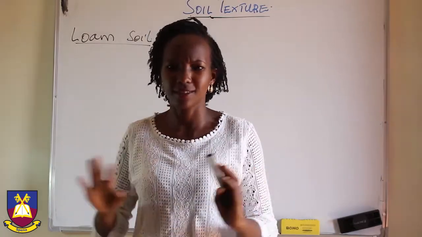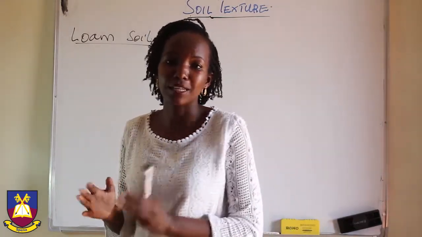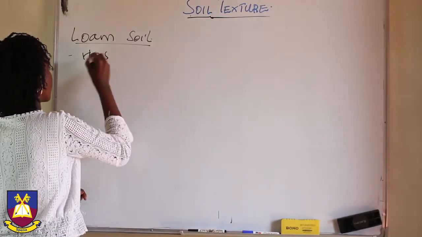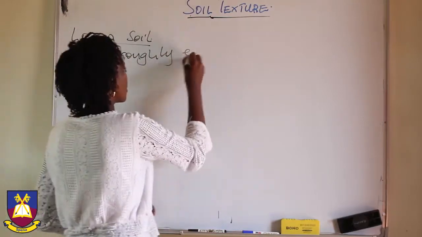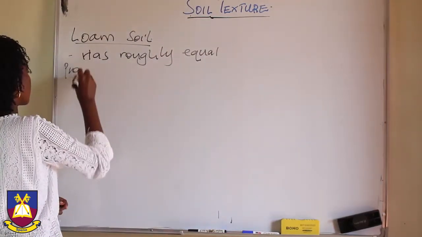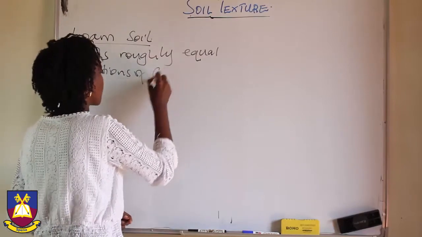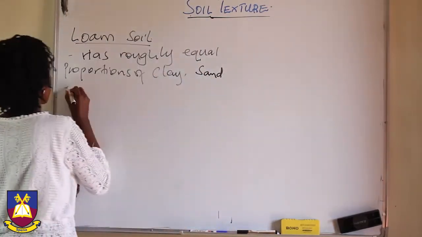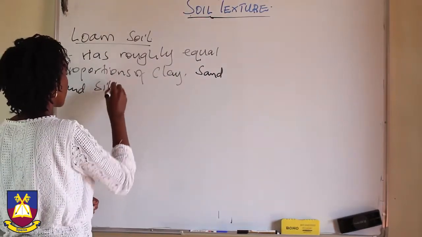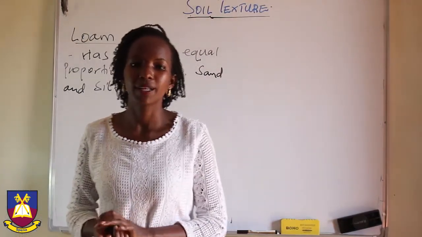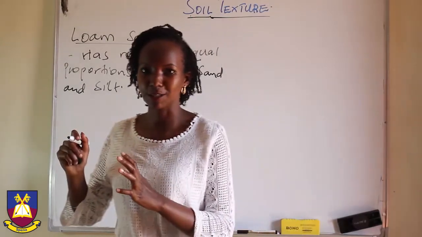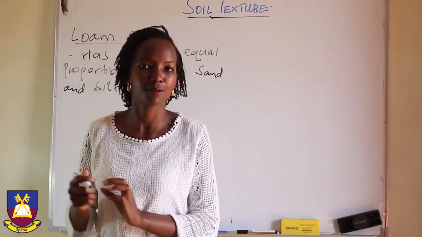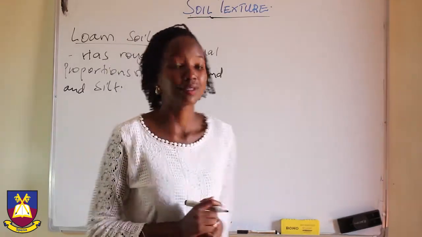It has just the appropriate, the proportionate portions. Because of that, remember, clay has very small particles, sand has large particles, clay has small air particles, sand has large air particles. Loam soil ends up with moderate.